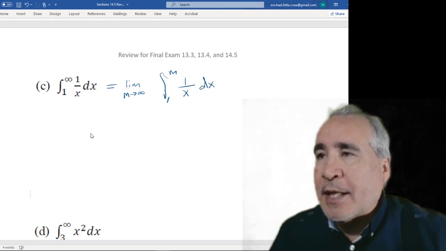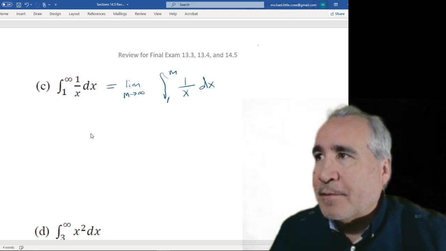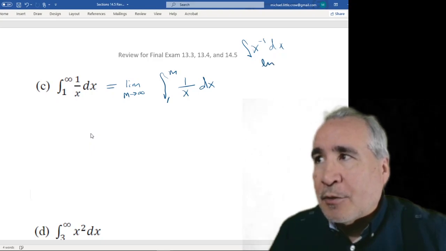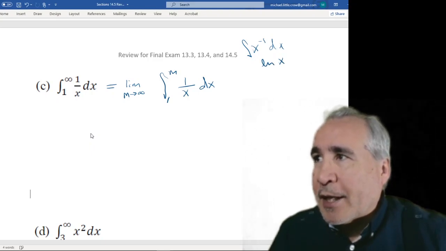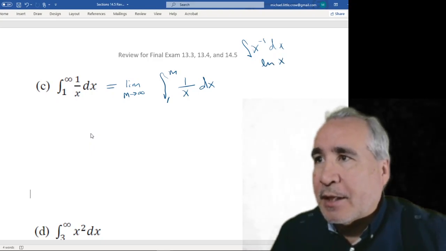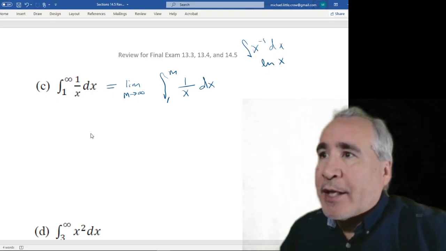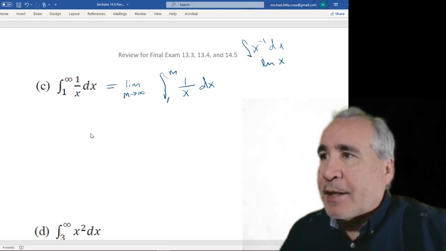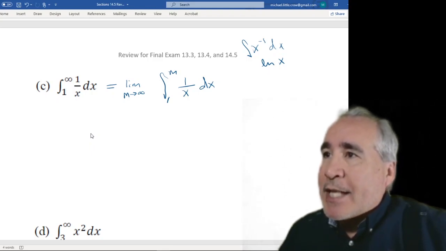Now, if you remember that x to the minus 1 integrates to natural log, you're more than welcome to go ahead and write it this way. Okay, we've got to choose a way. I'll do it this way, but I'll comment you can do it that way. Okay, so this becomes natural log.